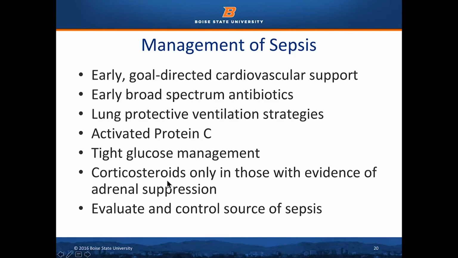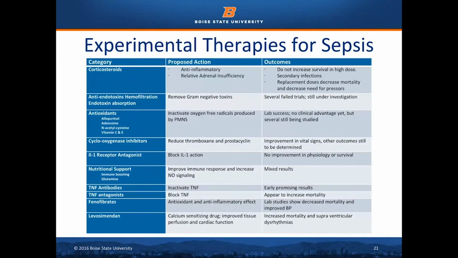I'll talk about all the variety of things that have been looked at, like we already mentioned activated protein C. We'll talk about corticosteroids. There's some things you can do to fine-tune therapy and maybe improve outcomes a little bit. But all of the targeted immunotherapy angles have not worked. And that's what this slide is.